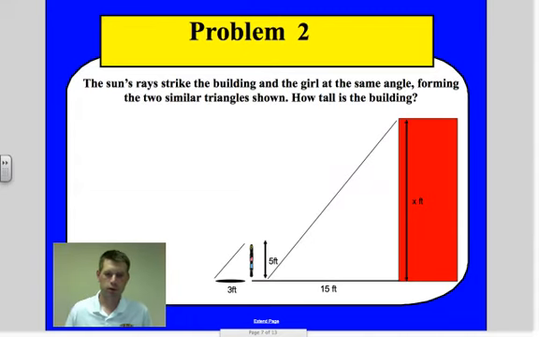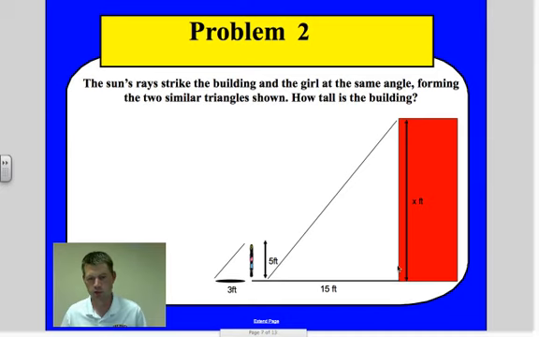Now we have this problem, and my little girl down here got shrunk. There used to be a little girl there. It says the sun's rays strike the building and the girl at the same angle, forming the two similar triangles shown.